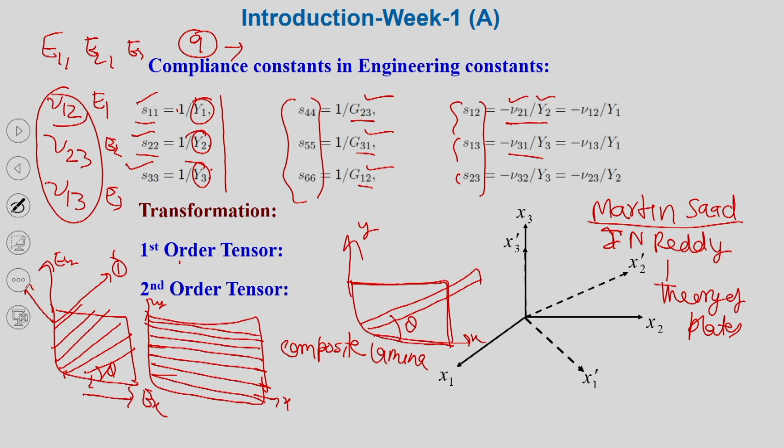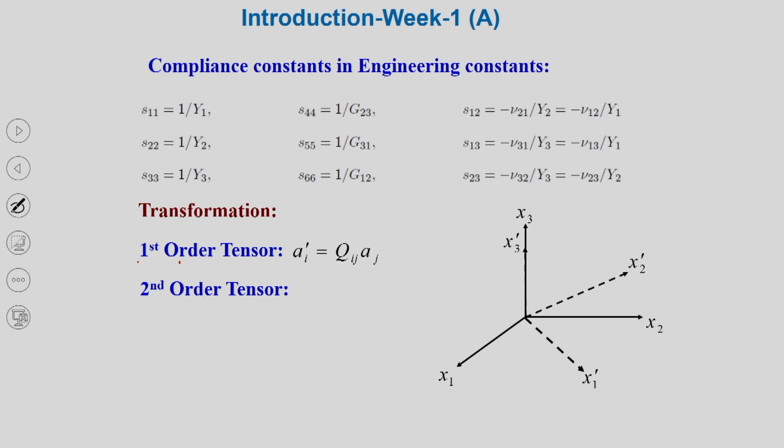But from our present scenario point of view, I would like to say that a first order tensor, if we define it by ai, let us say ui or fi, then Qij is known as the transformation matrix.